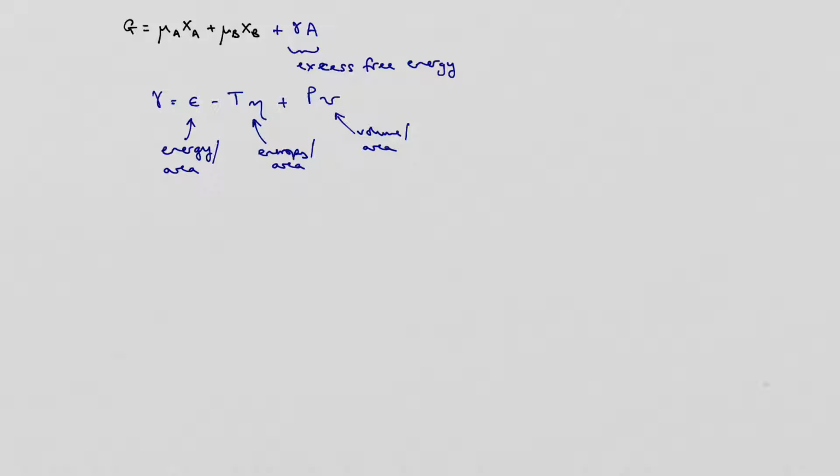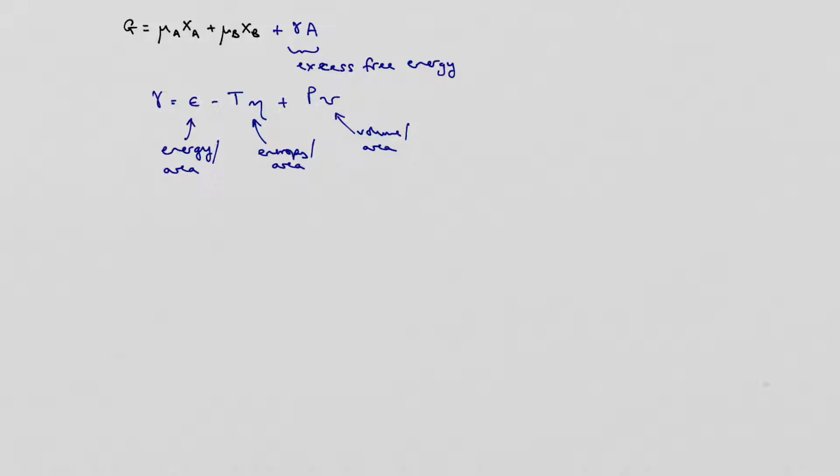You're probably familiar with surface tension when it comes to interfaces in liquids. Surface tension is to do with work done to stretch an area of interface. Let me write this down.